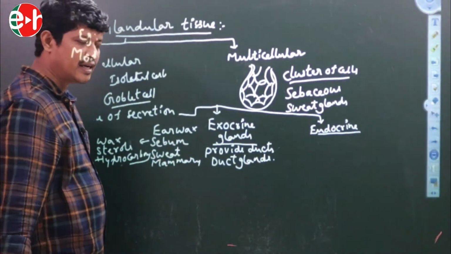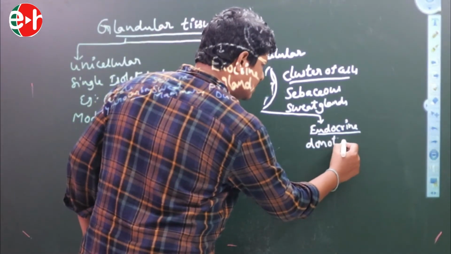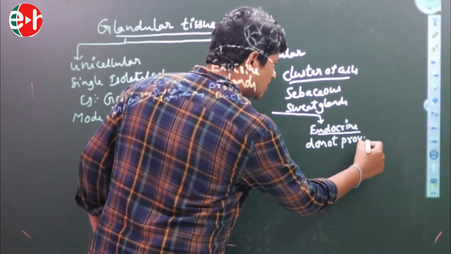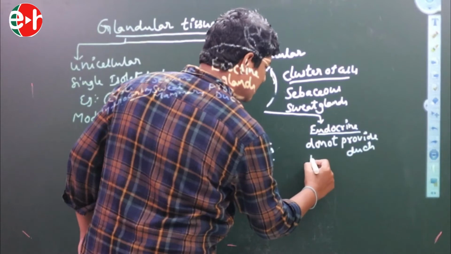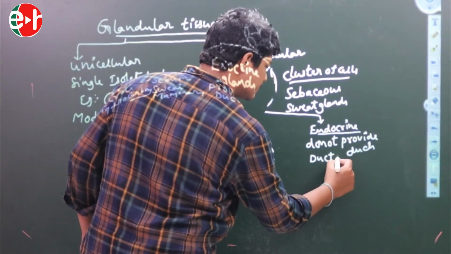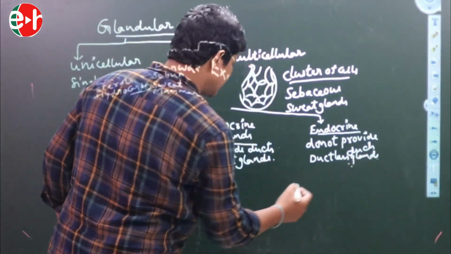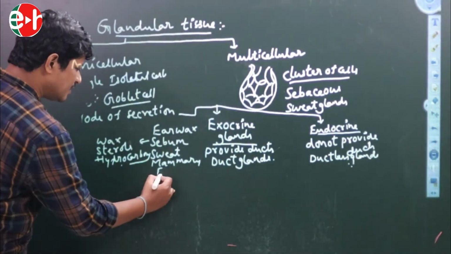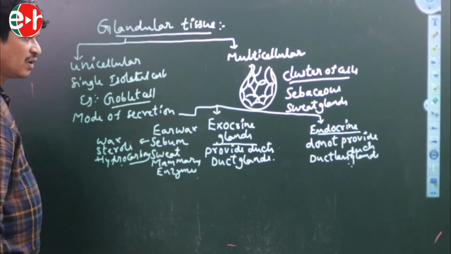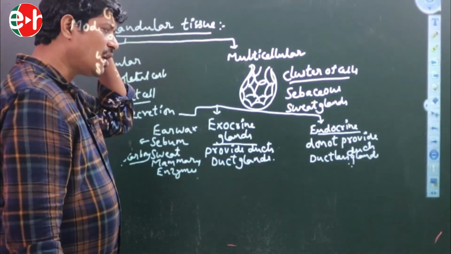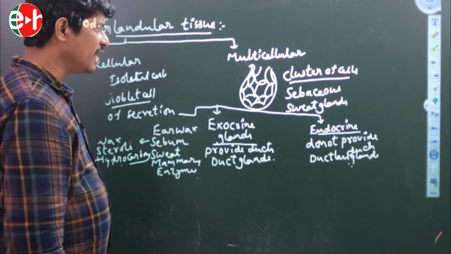Now endocrine glands. These endocrine glands do not provide ducts. Hence they are called ductless glands. For the duct glands, one more example is enzymes for digestion. So endocrine glands do not provide any ducts, so those are called ductless glands.